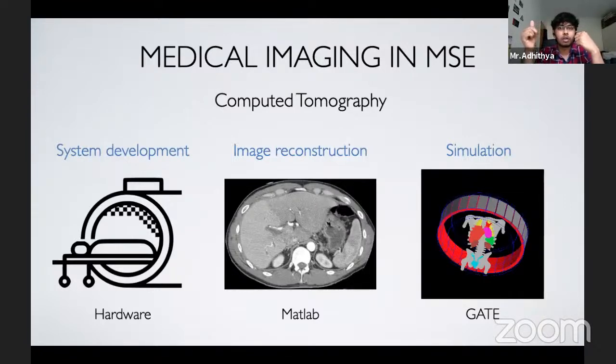And there's also Geant4. So these are simulation software in radiation or medical physics, which we can use to create structures. So for example, in the image you can see here, the circular structure is a CT detector setup, and we can also create phantoms and objects using Geant4 or Gate.